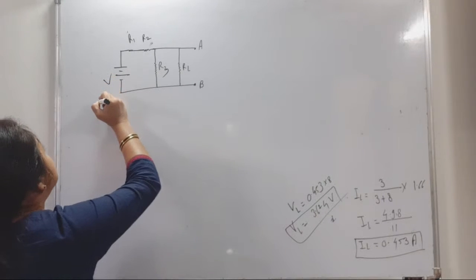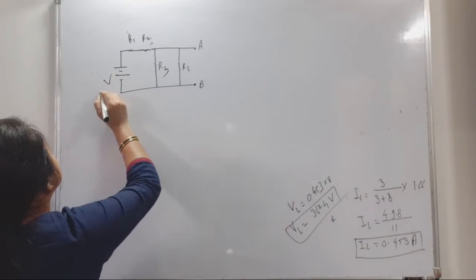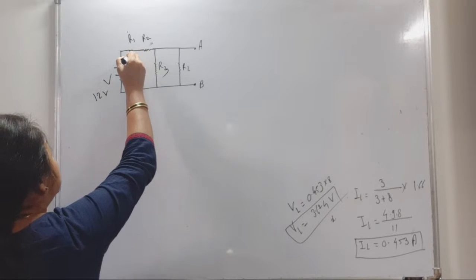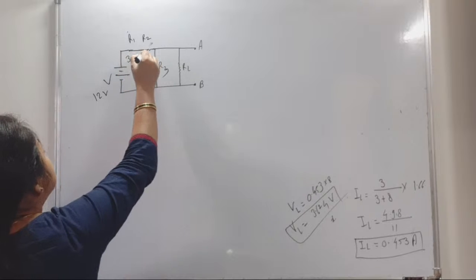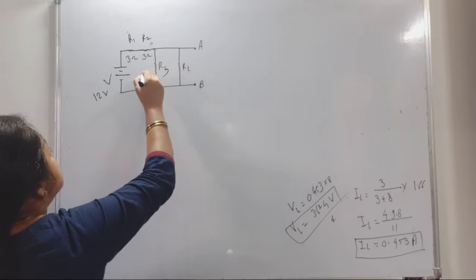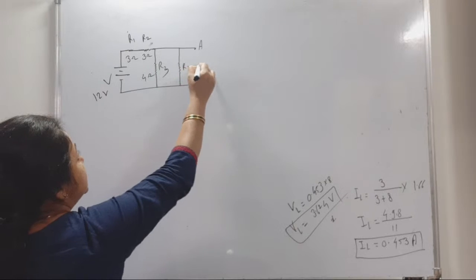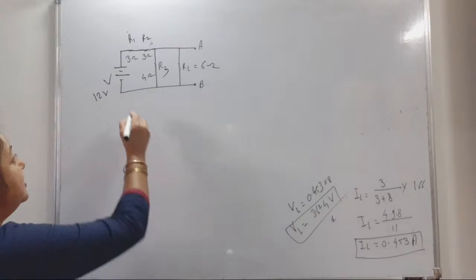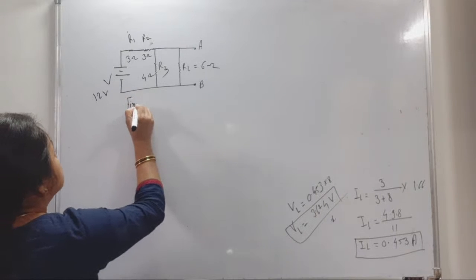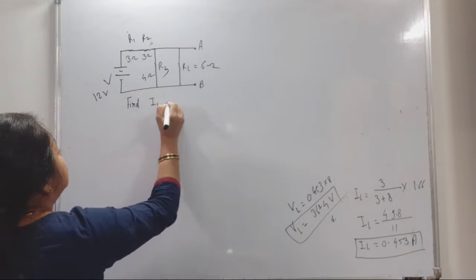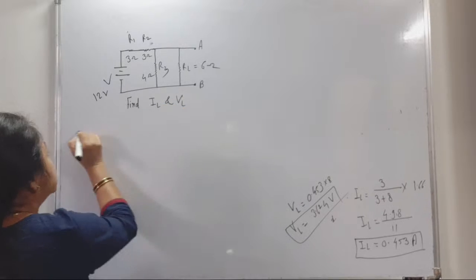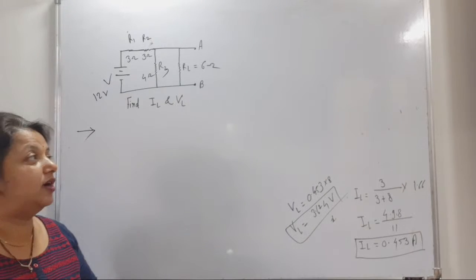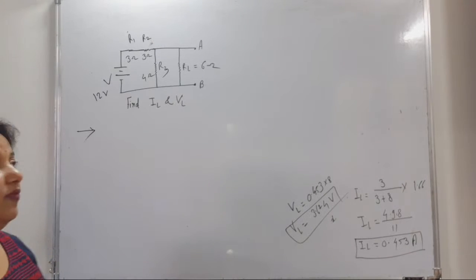Suppose V is 12 volt, R1 is 3 ohm, here also 3 ohm, this one is 4 ohm and this one is 6 ohm. Simplify by Norton's theorem. Find out RL and VL.